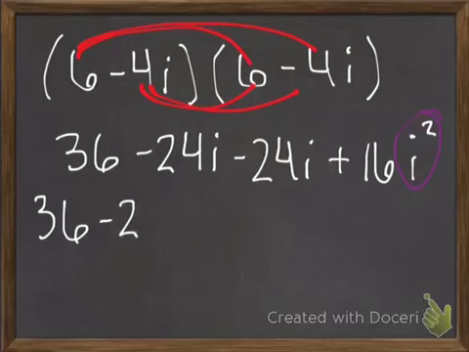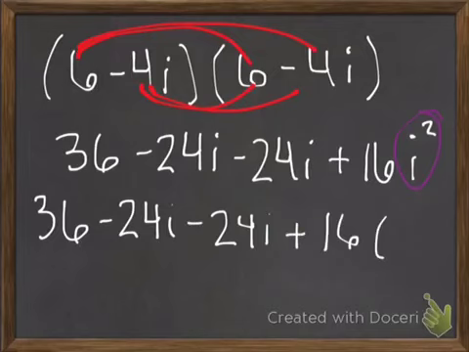So 36 minus 24i minus 24i. Now remember how i squared equaled negative 1? Well, it's going to become negative 1 right there. So right now we're going to have 36 minus 24i minus 24i plus 16 times negative 1, because i squared becomes negative 1.